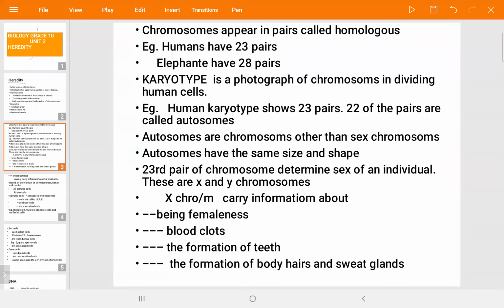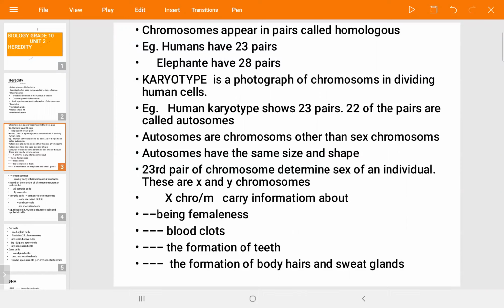Each pair has a chromosome that comes from the father and a chromosome that comes from the mother. Okay. Elephant has 28 pairs, which are homologous. Now, homologous chromosomes have what? They are inherited from each parent.